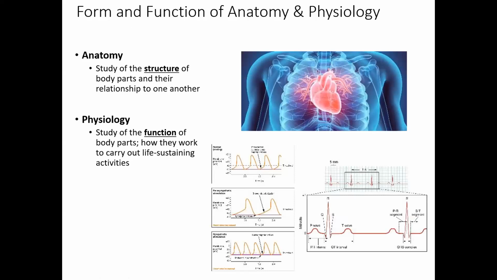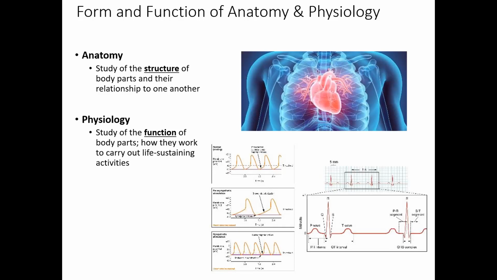Now we're looking at anatomy and physiology. Anatomy and physiology are intertwined. You can't get away from them. Anatomy is structure, how things fit together. Why do our bones fit together the way they do? Why are our muscles attached to bones? What is the structure of our heart and our lungs? How do these all interact with each other?